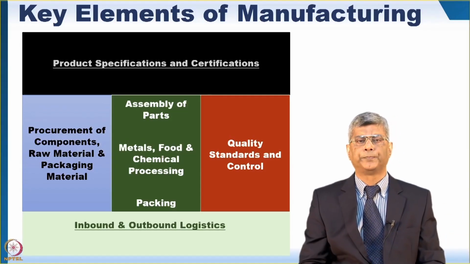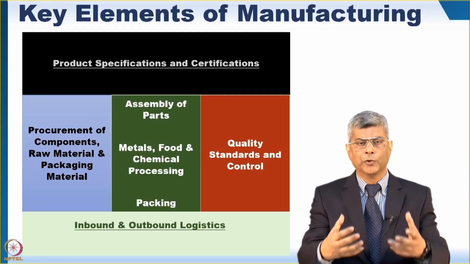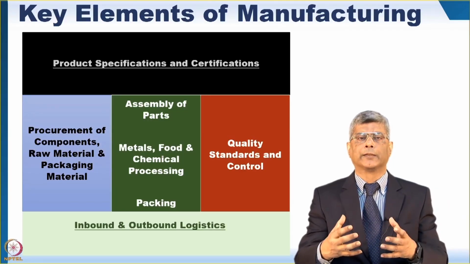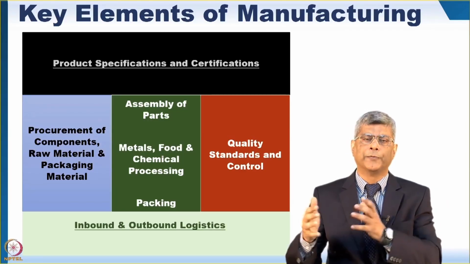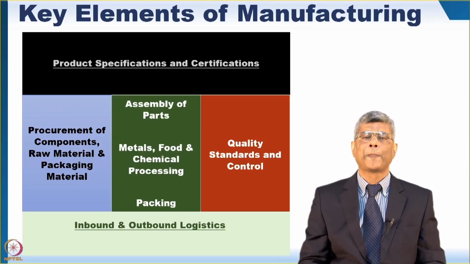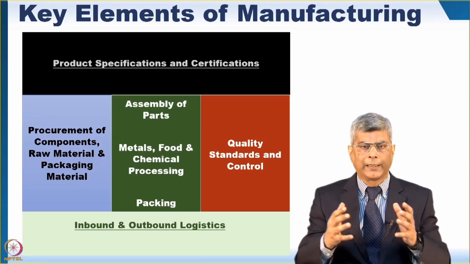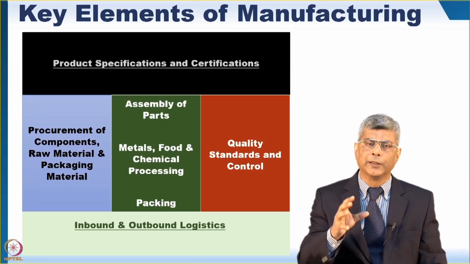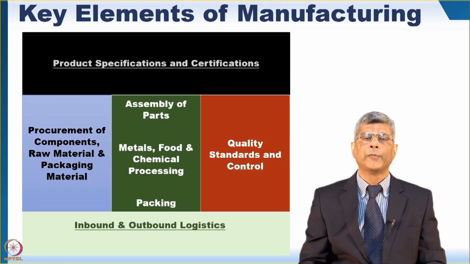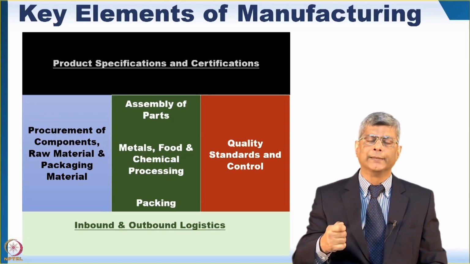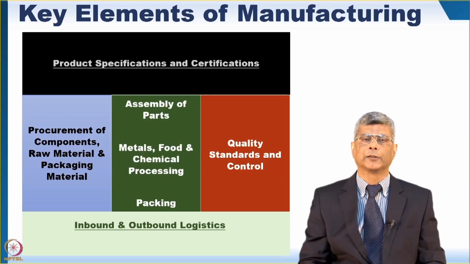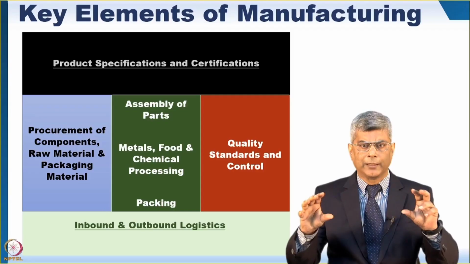A company will innovate and test out and create a few pieces of a new product. And they'll write down all the specifications. And they will get all the certifications to make sure that the new product works before they create millions and billions of copies of that new product. So that's the first key element.